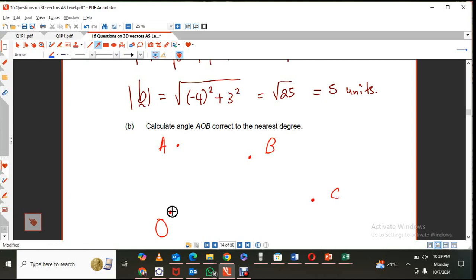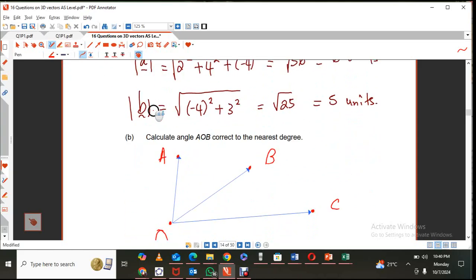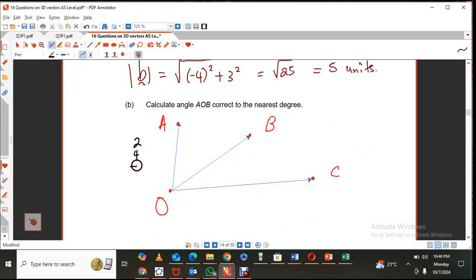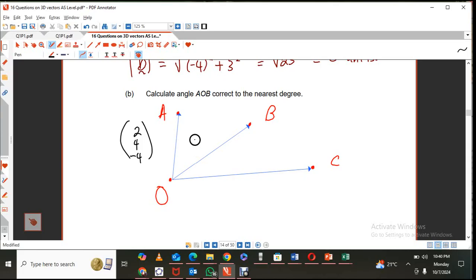If you were now to join them and represent that as a vector, O to A is 2, 4, -4. That's O to A. O to B, let's go back and check it: 0, -4, 3. So this here is 0, -4, 3.